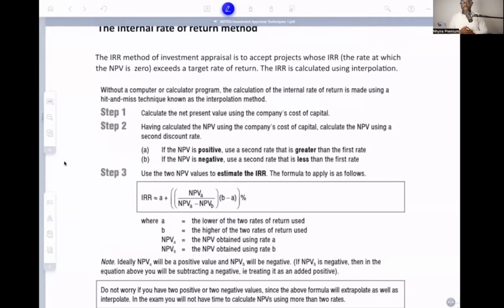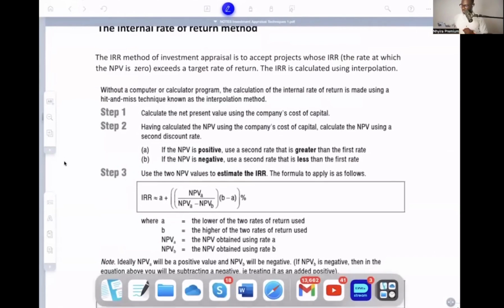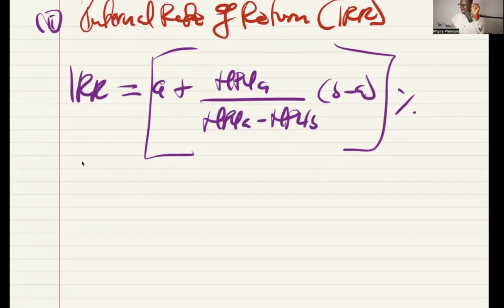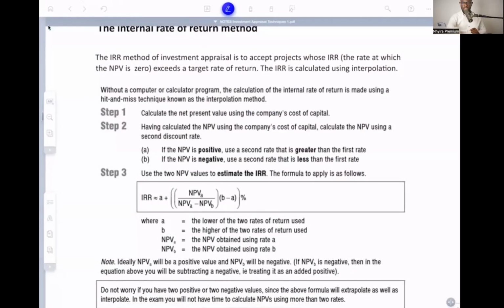So with the internal rate of return, this is the formula. This is how you calculate it. But if you check, you realize there is NPV-A and NPV-B. So it means you have to do 2 NPV schedules. But what is the guiding rule here? The guiding rule is that when you do the first NPV and it is positive, what it means is that the discount factor is too small.